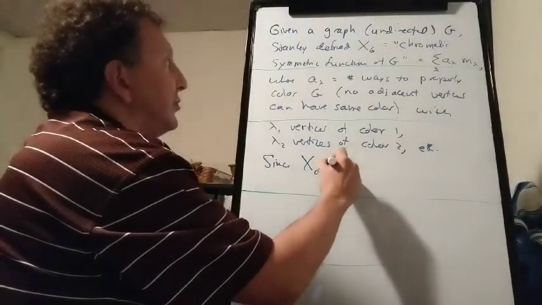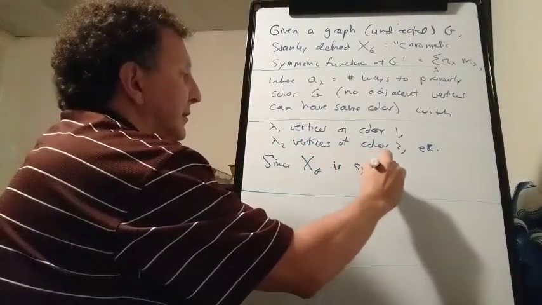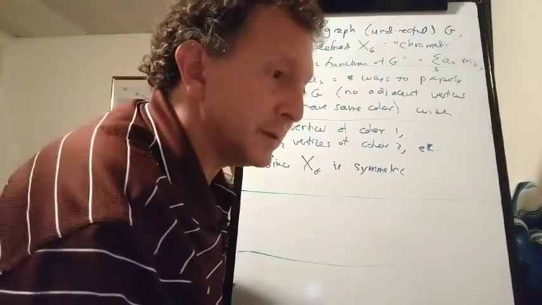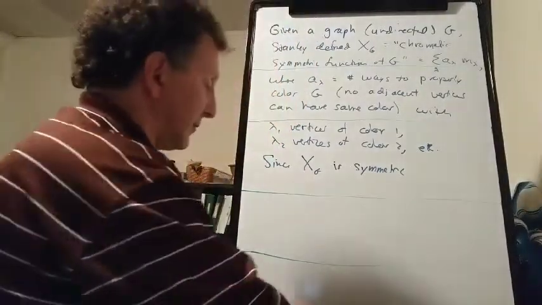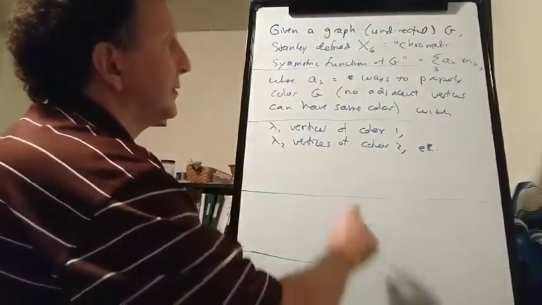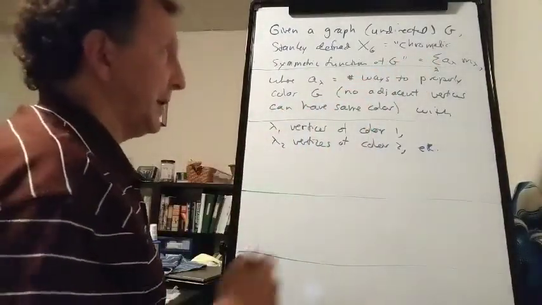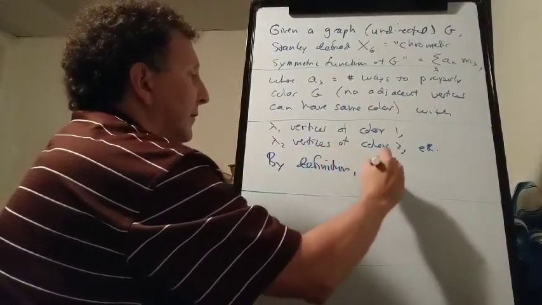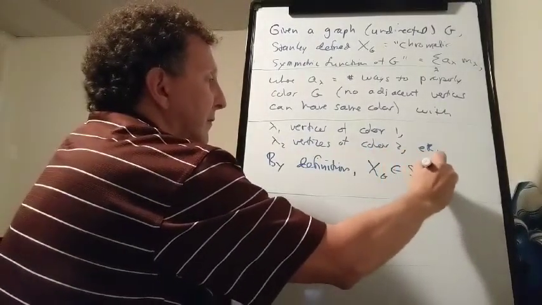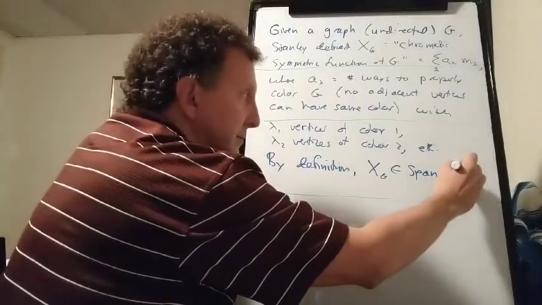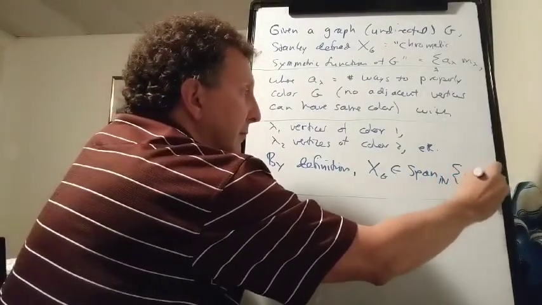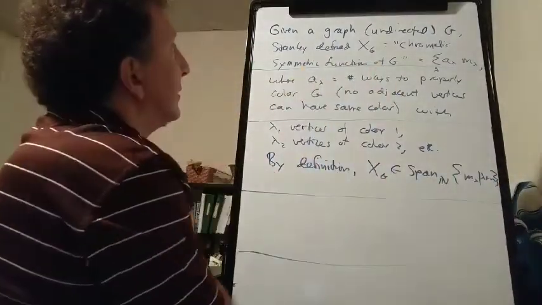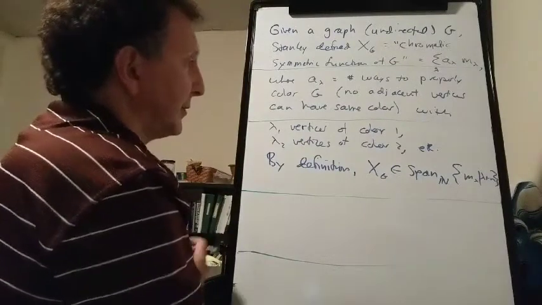Now, first let me say, this is defined to be in the non-negative span of the monomial symmetric functions, if it's an n-vertex graph.